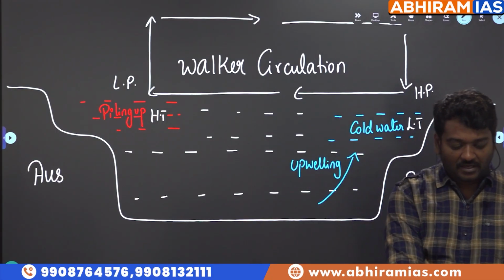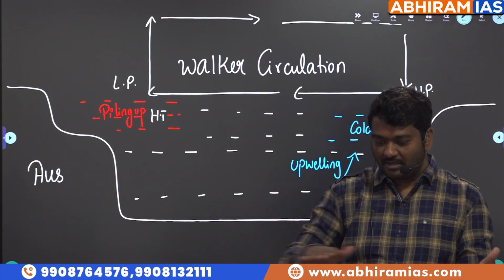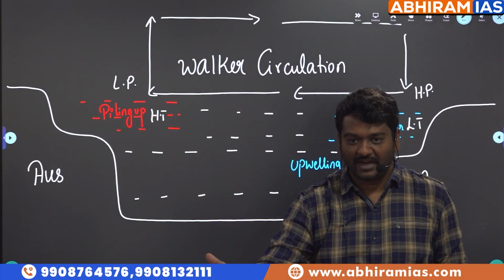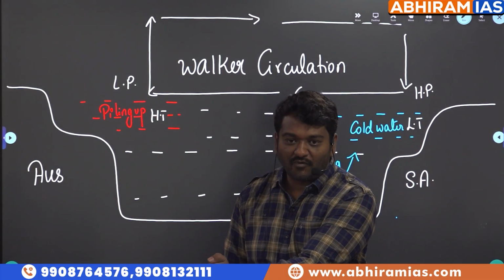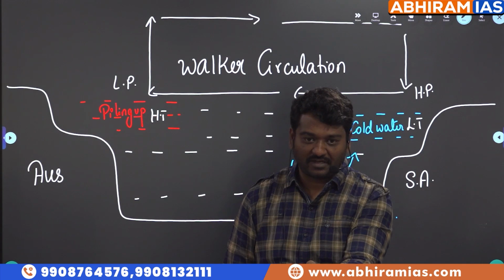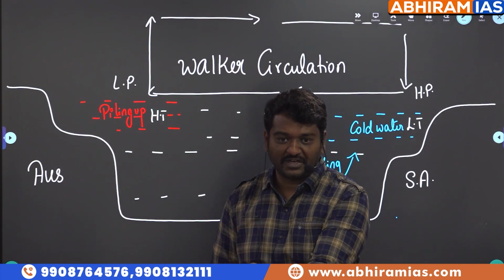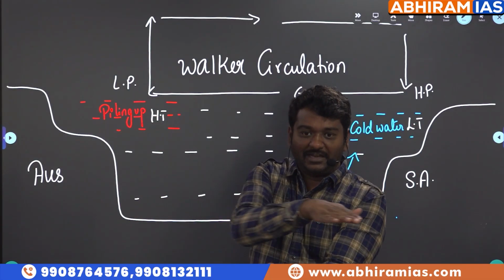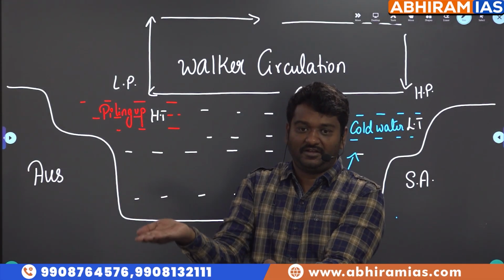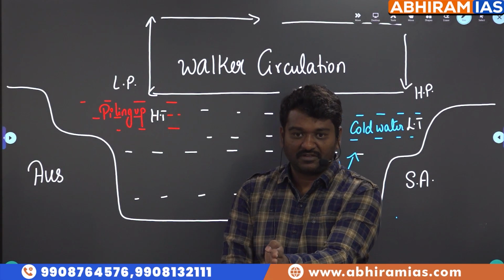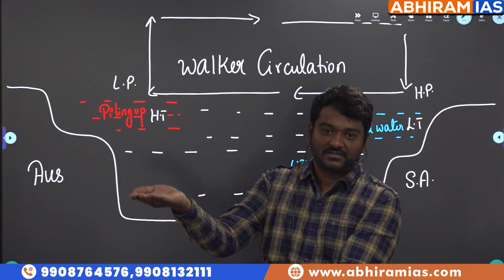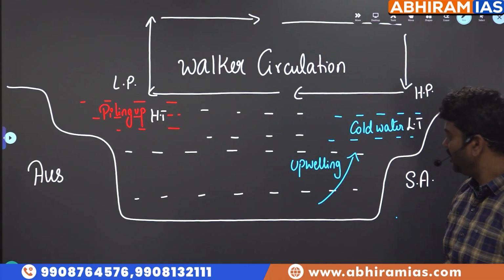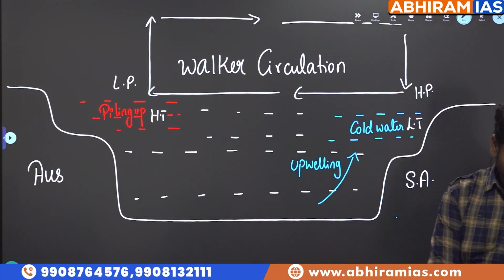Upwelling means, you see you have a tub of water, surface warm water is there, below cold water is there. Now I'll keep my hand like this. I'll push all the warm water from one side to another side. So when I'm pushing water from one side to another side, this side it won't be less, it comes up to balance. That is called upwelling. So when you're pushing from one side to another side, other side the water rises, right? When the water rises, cold water comes up. Fine. Just draw this case.